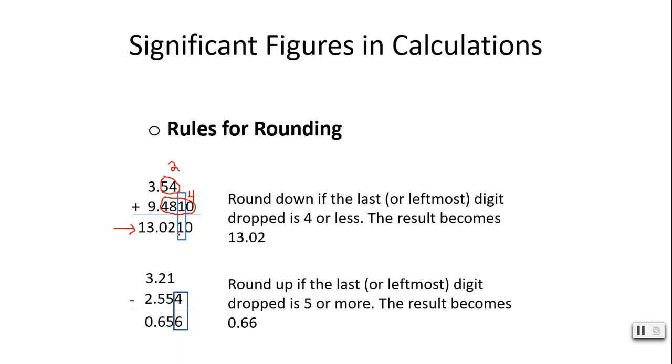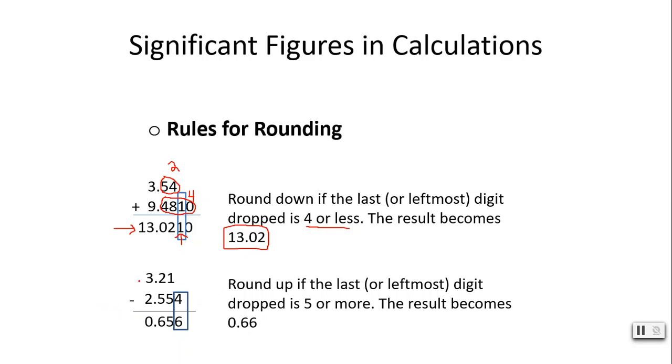To determine if you round up or down, you look at the digit that's next to the last digit that is significant. So I know I need to have 2 digits after that decimal, so I look next door. It's a 1. It is 4 or less, so I'm going to round down. So I would drop those and we just have 13.02 as my answer.